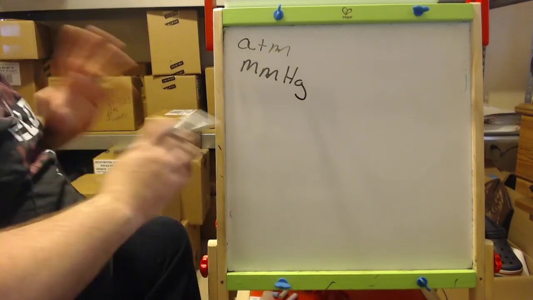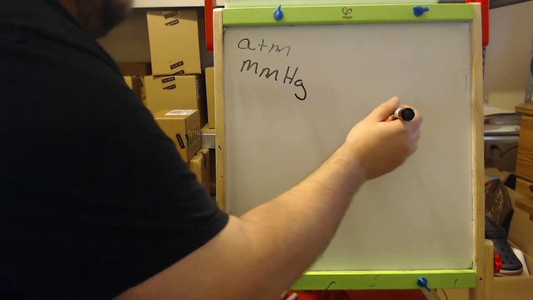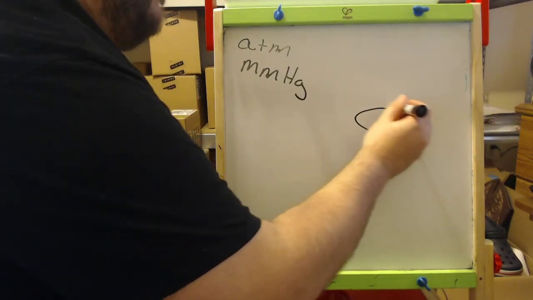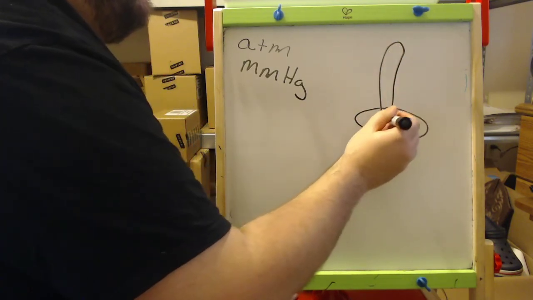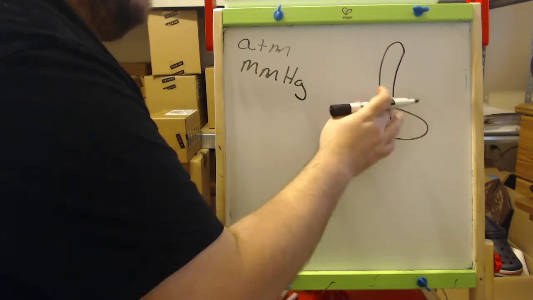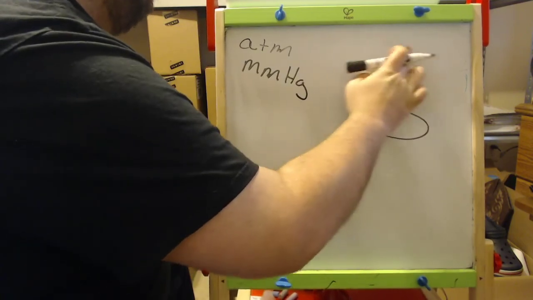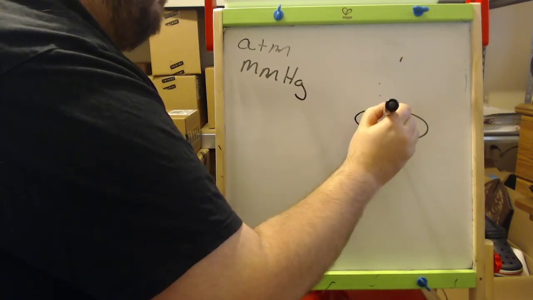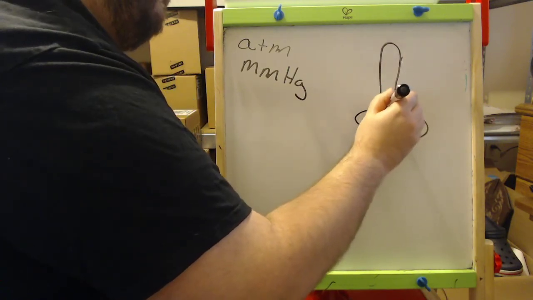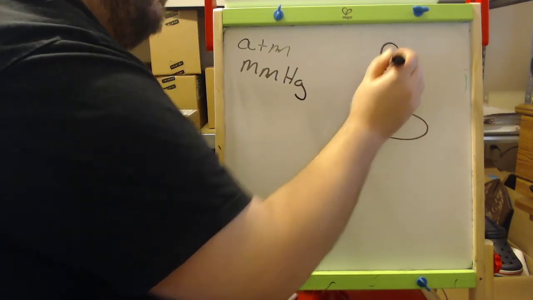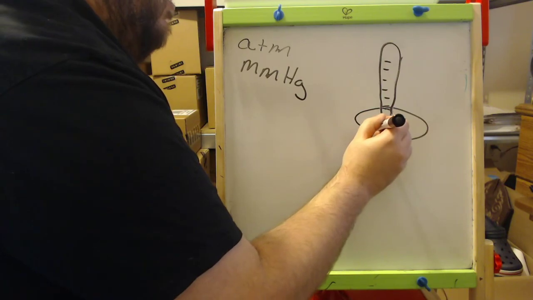And what happens here is we have to draw ourselves a barometer. Now, again, not an artist, and there's a picture in the slides. I don't know what the heck I just drew there. But essentially a barometer is a long tube with markings on it that's put in a tray of mercury.